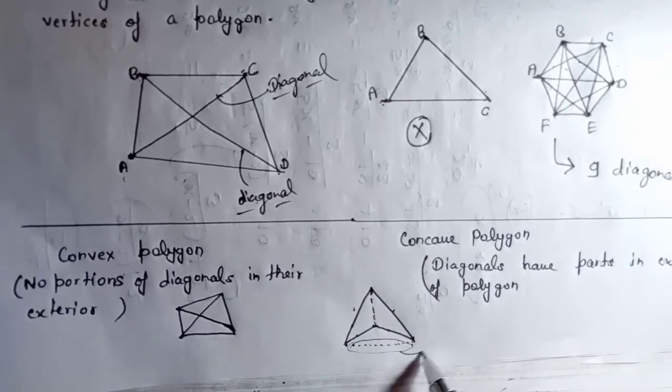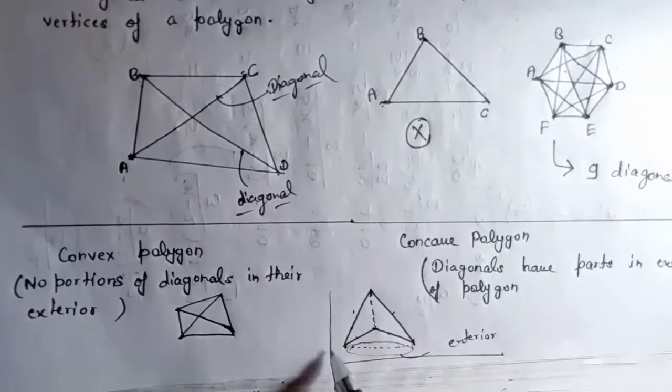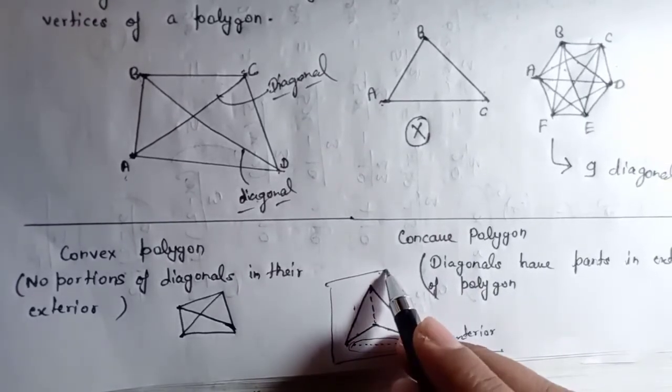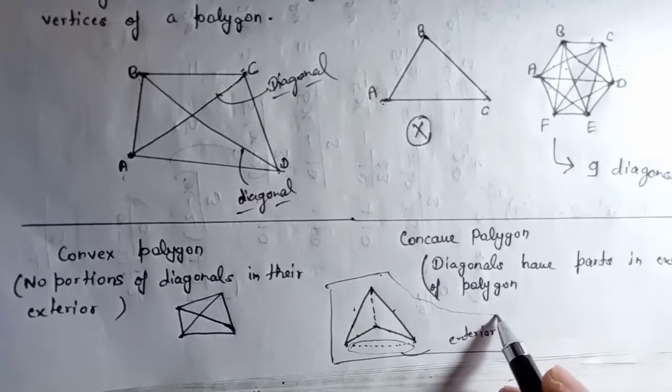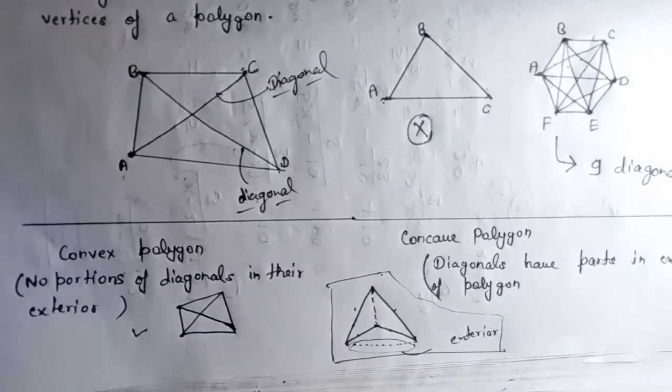It means it lies in the exterior. All the polygons which have diagonals in their exterior, or parts of the diagonals in the exterior, are called concave, and polygons which have diagonals in the interior of the polygon are called convex polygons.